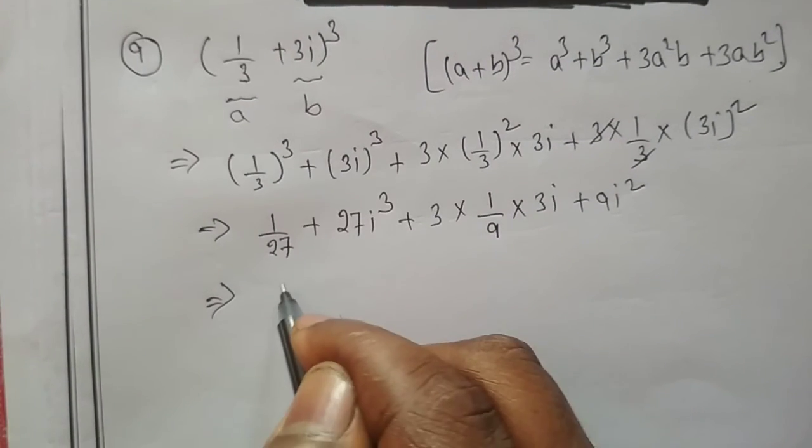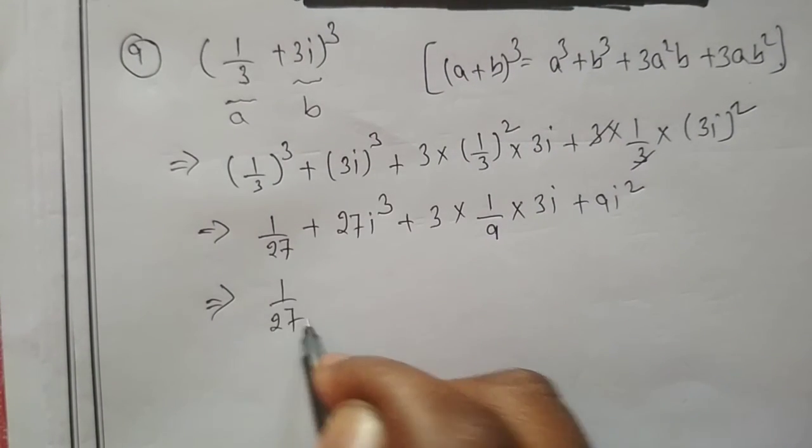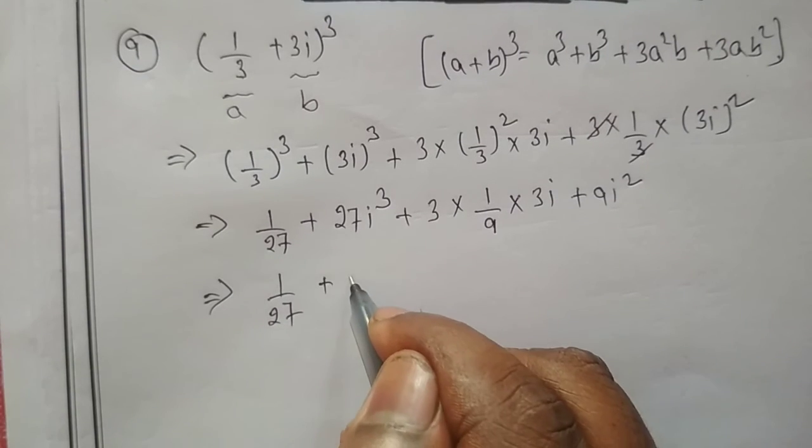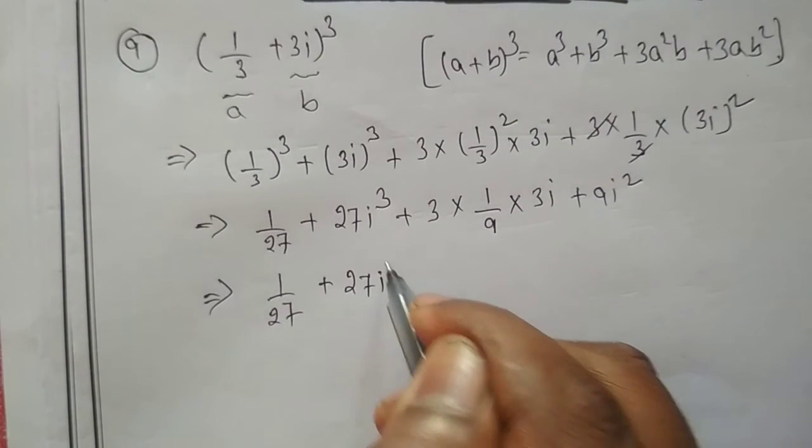That implies 1 by 27 plus 27i square into i.